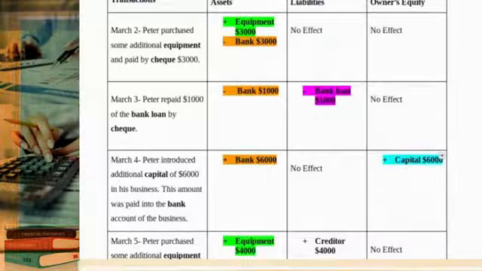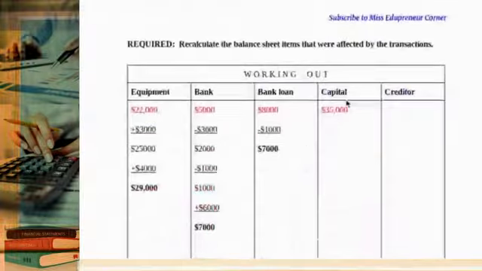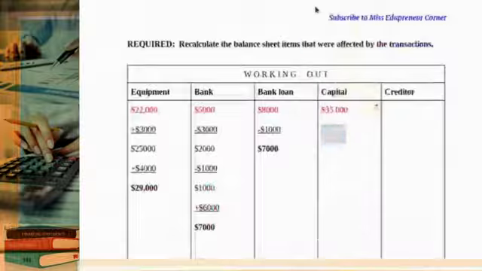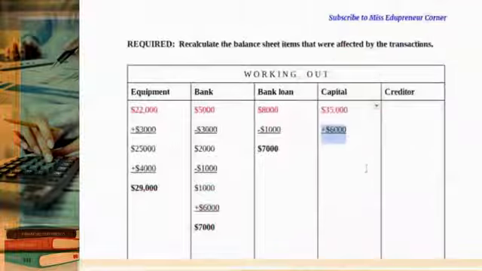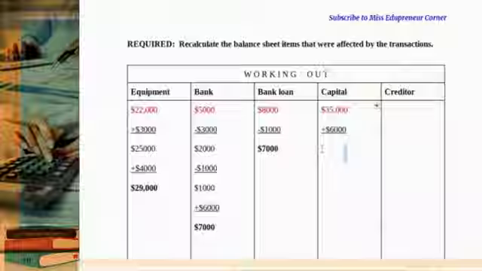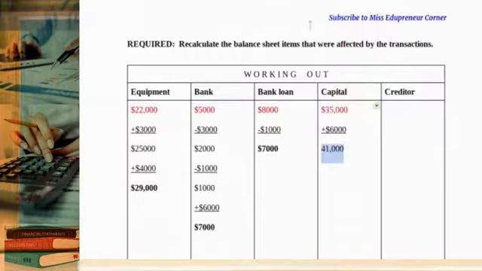So we're going to add this $6,000 to the original capital figure. So $6,000 plus $35,000 gives us $41,000. So the new capital is now $41,000.